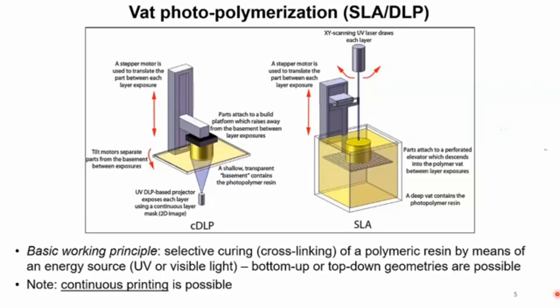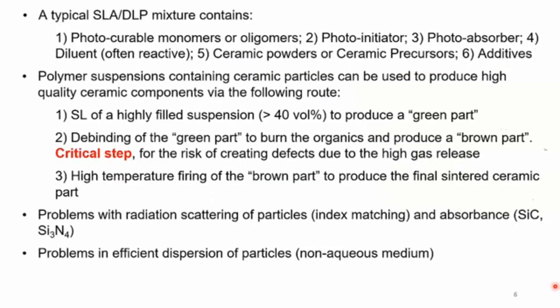It should be noted that there are advancements in the technology that allow now the use of a photocurable system, polymeric system. Well, a typical mixture that would be photocurable needs to contain, first of all, photocurable monomers or oligomers, then a photoinitiator in order to start the cross-linking reaction, a photoabsorber that serves the purpose typically of controlling the penetration depth of the light inside the vat, inside the liquid.